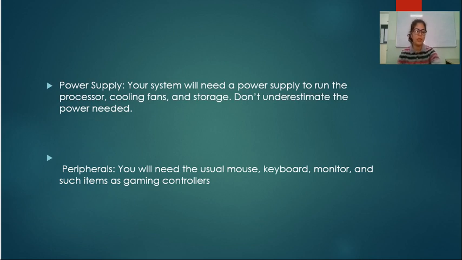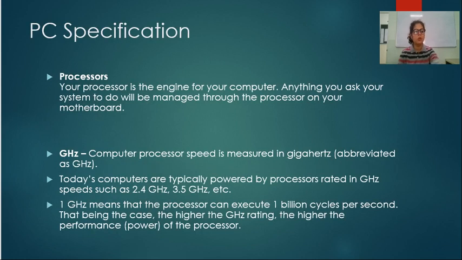So with this, students, we have completed this topic, that is PC specification. I hope it is clear to you what the things are that have to be written under PC specification. Whenever you get a question like what is PC specification and what are the features required to specify a PC, and even whenever you go to a market to buy a PC, you have to check all these features.